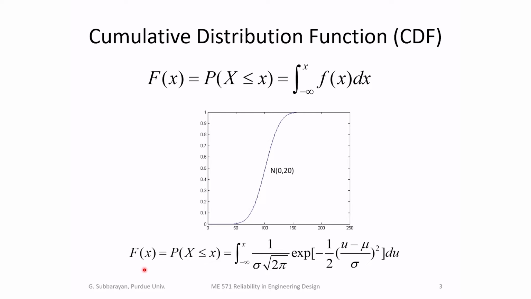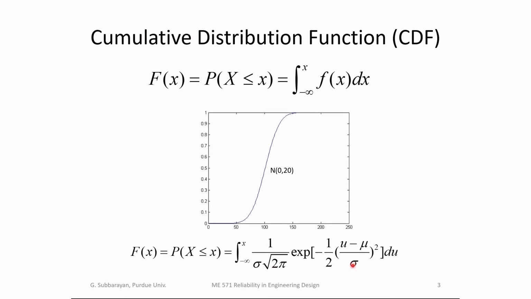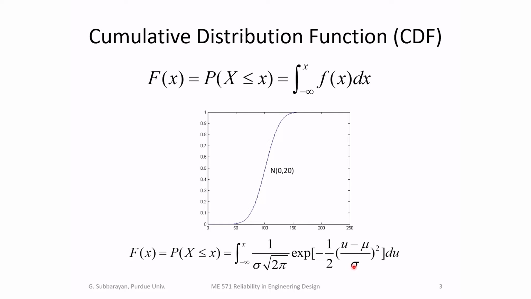So the CDF, the cumulative distribution function, for a normal distribution is as shown here. Again, it depends on these two parameters, mu and sigma. Now, the disadvantage of having a CDF like this is it depends on mu and sigma, and different situations will have different mu and sigma, so it's very hard to standardize this CDF.